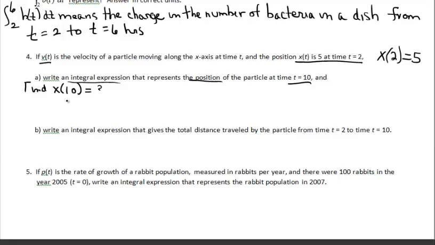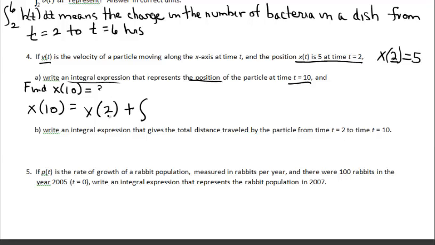All right, so if I'm going to use an integral expression that represents the position at time equals 10, I'm going to come down here and say, okay, well, x of 10, its position, well, let's take what we know about its position at 2 seconds, which is 5, and let's add any change to its position in the time interval from 2 to 10.